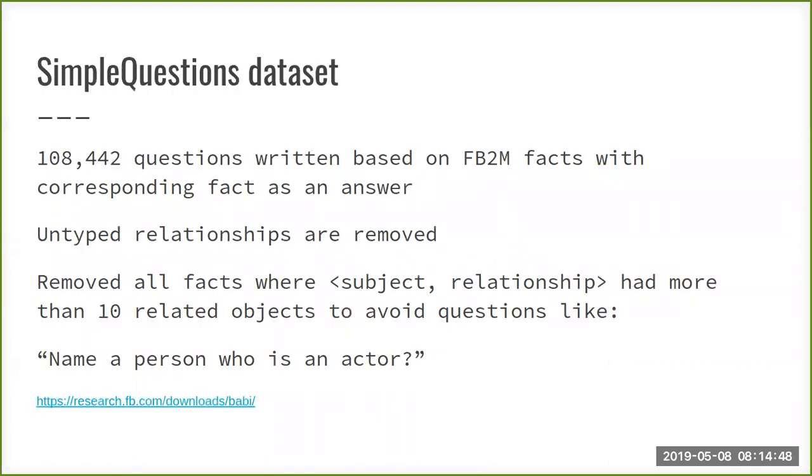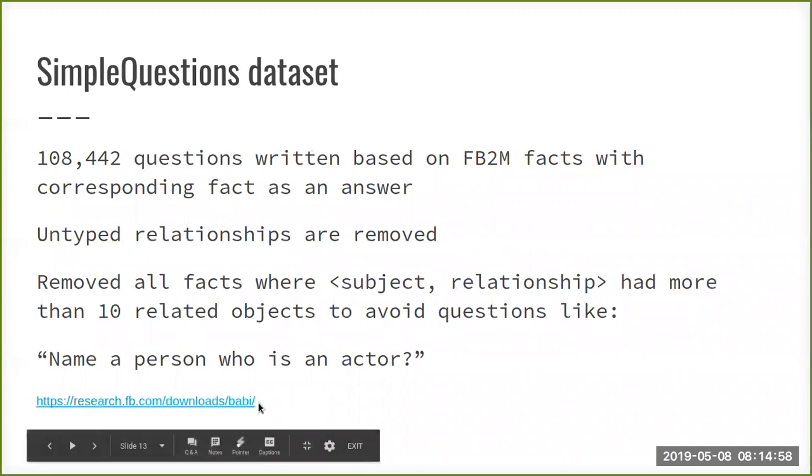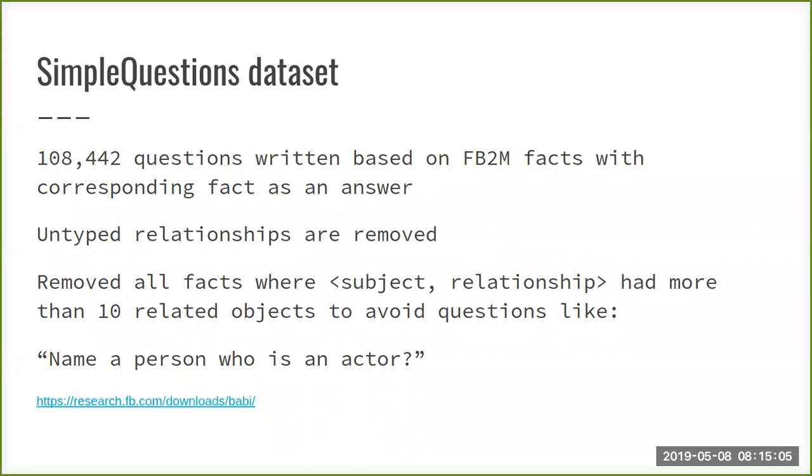So one of the contributions from this paper is a simple question dataset, which is actually still available online. There is a second version of it. You could find it in this link with a bunch of other stuff. It's a bunch of questions that were written by English-speaking people who were shown some of the facts from this Freebase, and they had to come up with a question.